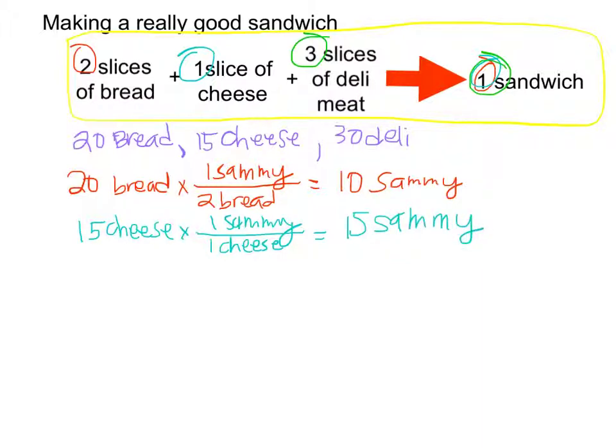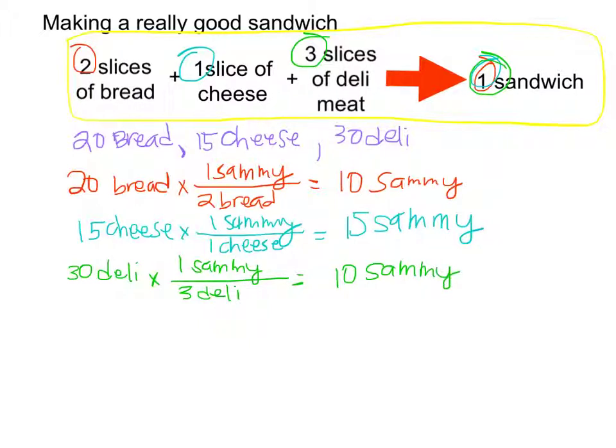And finally, let's go ahead and look at our deli meat. We start off with 30 slices of deli meat. And in our recipe, it takes 3 deli meats in order to make 1 sandwich. If I put this into my calculator, I calculate that I can only make 10 sandwiches.